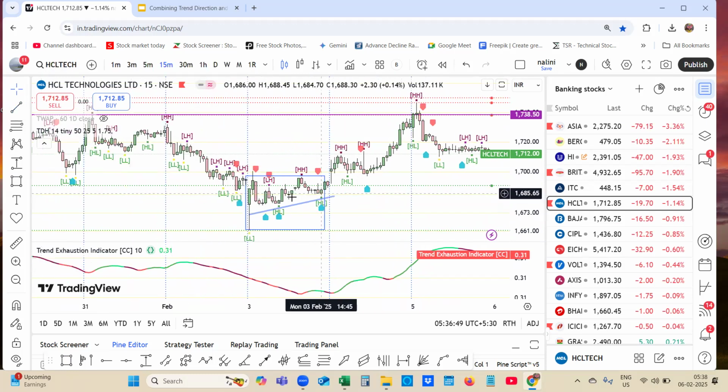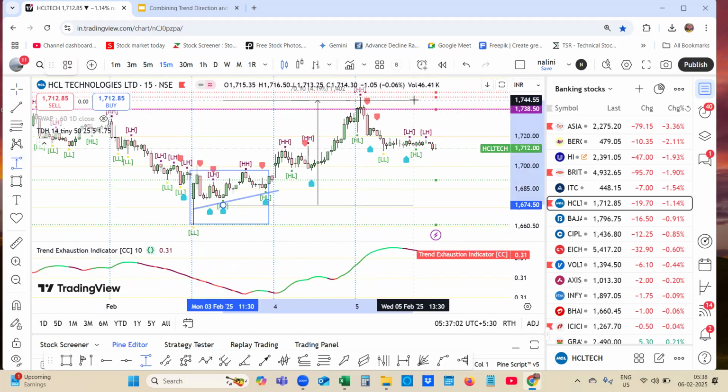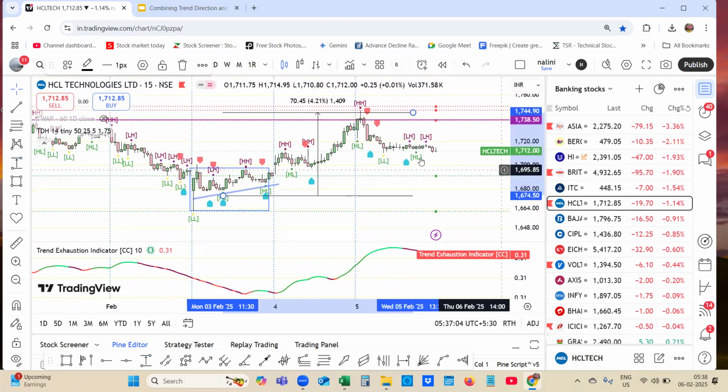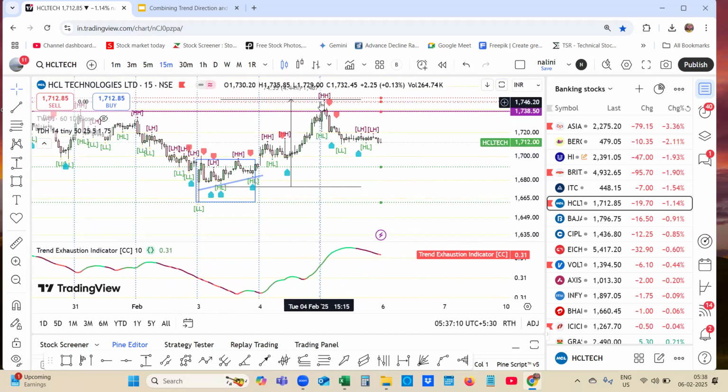So we captured this HCL Technology, and within 2 days, this has given a 4.21% parabolic up move, and now the trend got exhausted around this area.